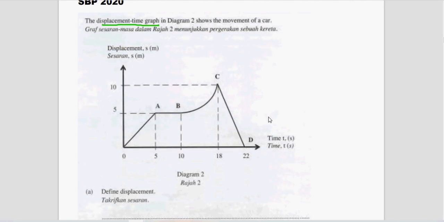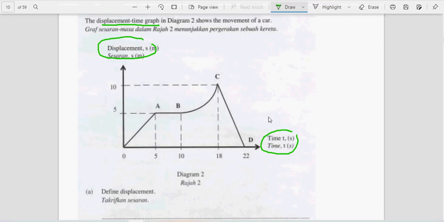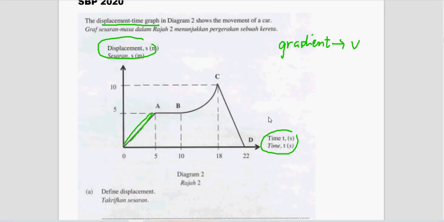Alright, so this is a displacement time graph. Okay, bear in mind, for a displacement time graph, the gradient represents velocity. Now, you must know what the gradient is about. So for OA, if you see a straight line like this, this one is a constant gradient.